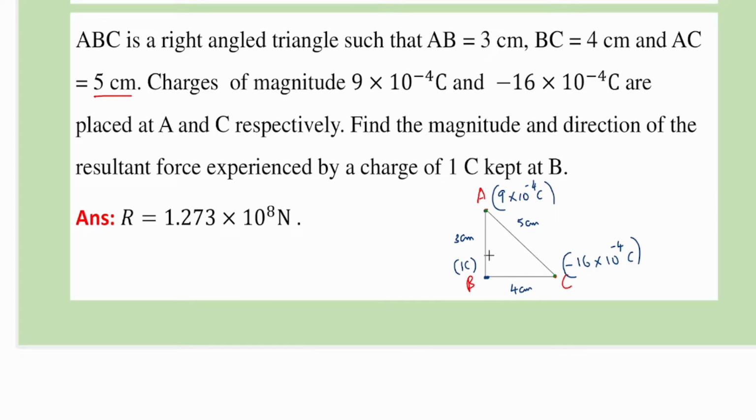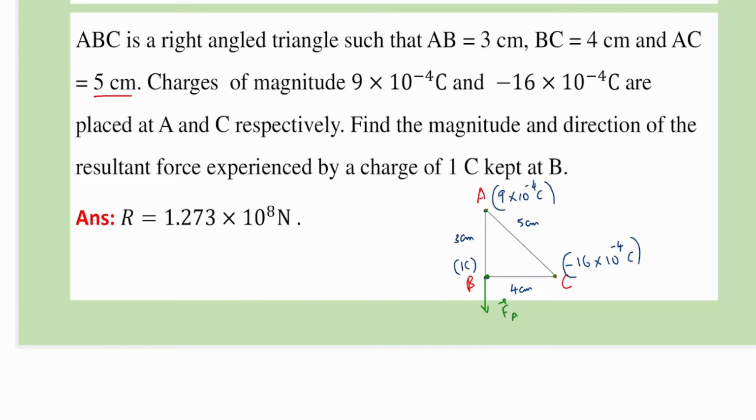So we'll first find the forces because of charge kept at point A and point C. Since charges kept at point A and point C are of the same polarity, that is both are positive charges, A would repel B away. So the force which A exerts on B would be a repulsive force. It will be in this direction. That we call as F suffix A.